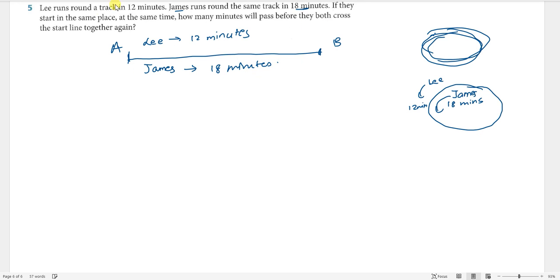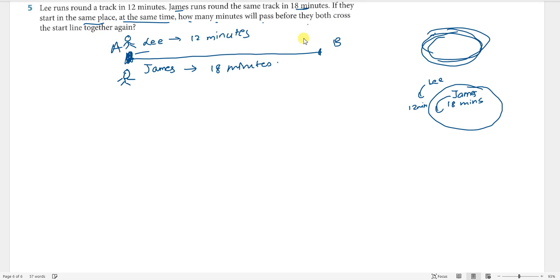Now if they start in the same place at the same time, that means Lee and James both start the race at the same time. This is Lee, very bad shape in drawing, sorry. So Lee takes 12 minutes, James takes 18 minutes. Now the condition they're giving is they're starting from the same point and at the same time. How many minutes will pass before they both cross the starting line together?